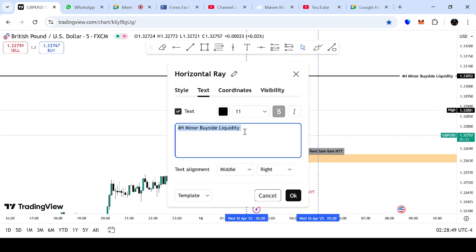That's our target here for the London session delivery.